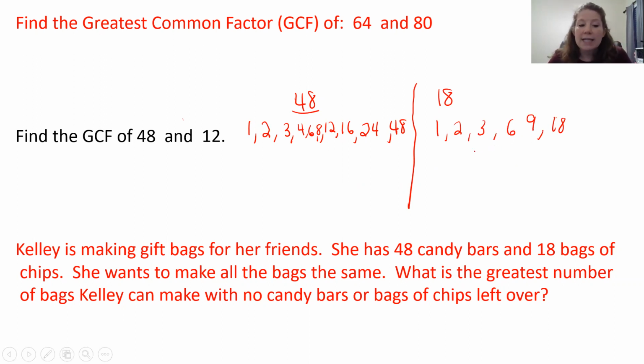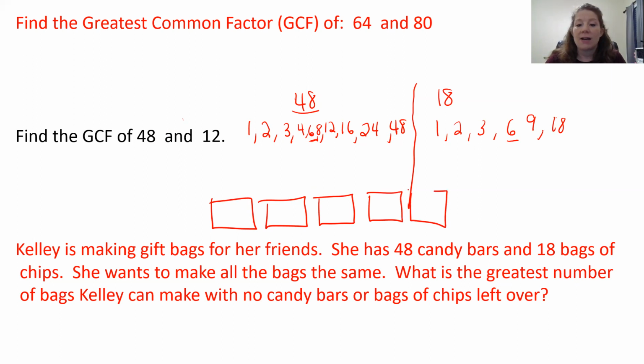So what's the greatest number of bags Kelly could make with no candy bars or chips left over, all with the same amount of candy bars and the same amount of chips in each? Well, the answer is 6 bags. Imagine we have 6 bags. We want to make sure our answer makes sense.